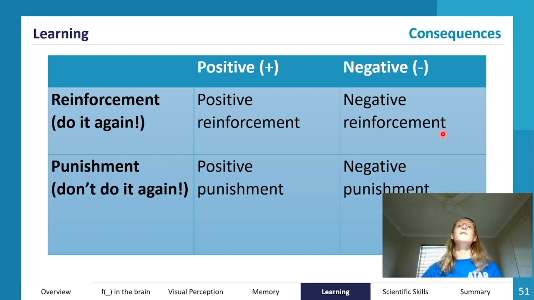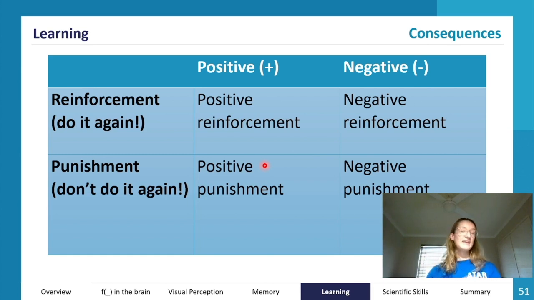Moving down to punishment. So when we're looking at positive and negative punishment, we're looking at how can we reduce the likelihood of the behavior. So positive punishment, positive, remember coming back to thinking something is added. How can we add something to reduce the likelihood of a behavior?